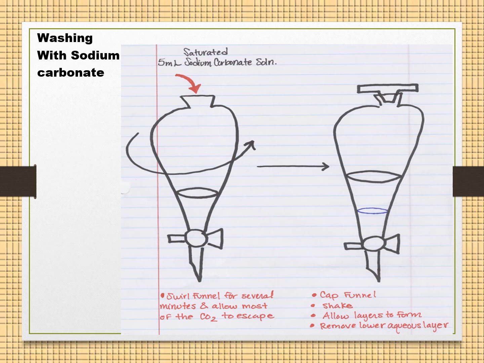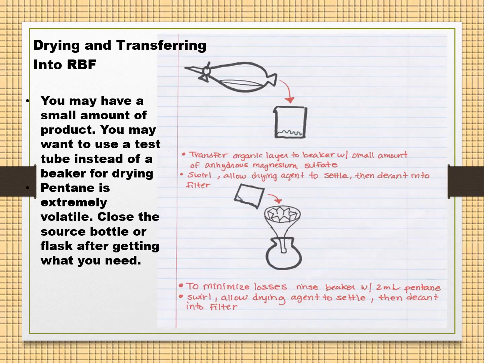Then you can close the separatory funnel and shake, and you'll see 2 layers form. The top layer is an organic layer and the bottom layer is an aqueous layer. You can then remove the bottom layer and proceed to the next procedure.